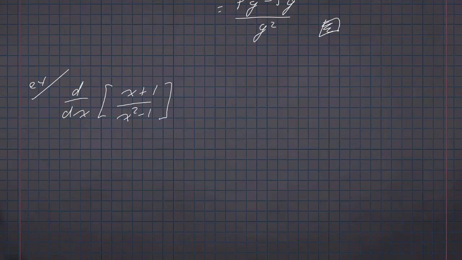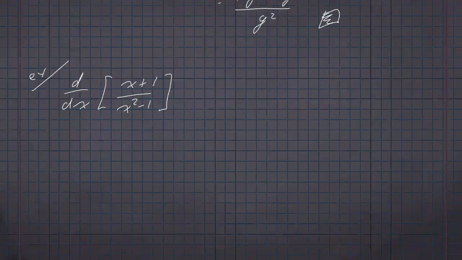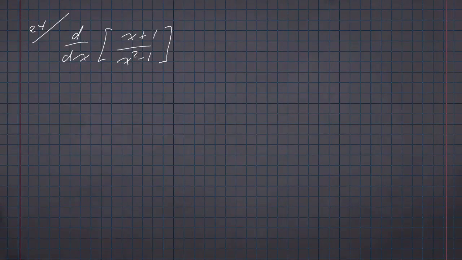For example, let's take a look at the derivative of x plus 1 over x squared minus 1. And notice here that this is a rational.